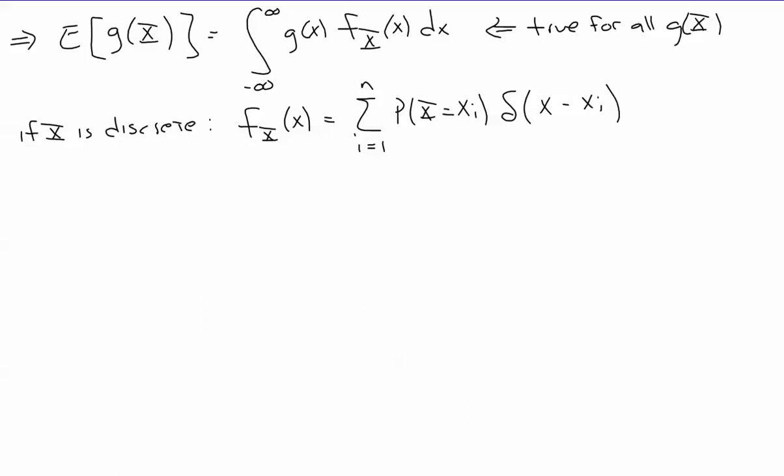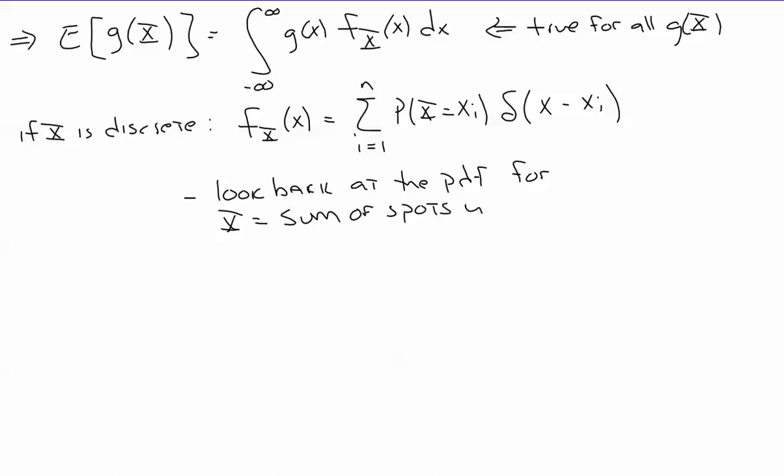All right, I refer you back to, look back at the PDF for my random variable x equals the sum of spots up when we toss two fair die.